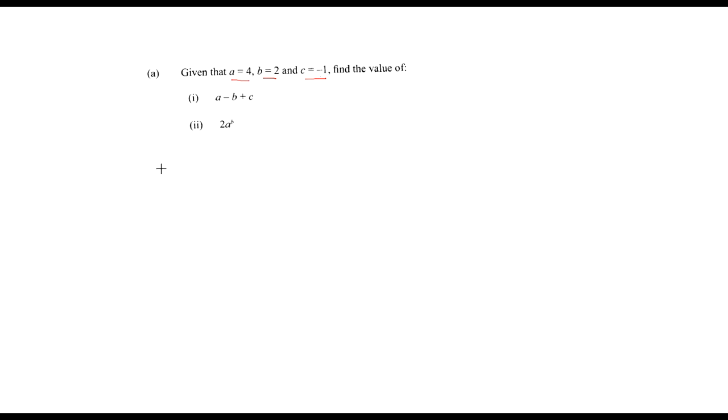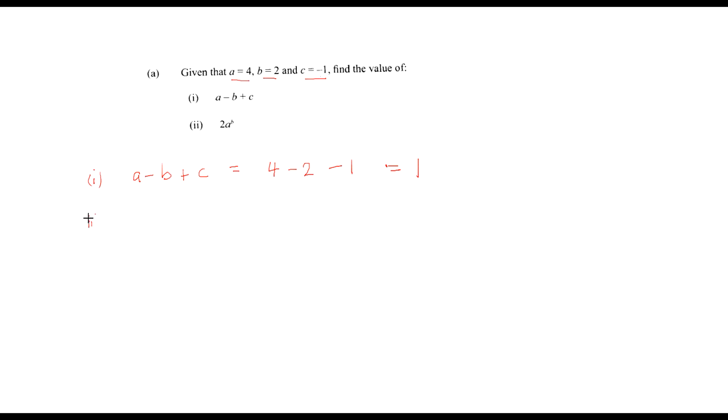And we want to find, in part 1, A minus B plus C. So A is 4, minus B, which is 2, minus 1, which is C. And this will give me 4 minus 2 is 2, and 2 minus 1 is 1. So this is for part 1.